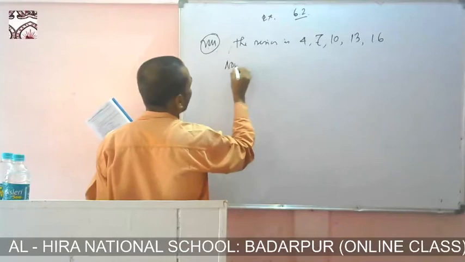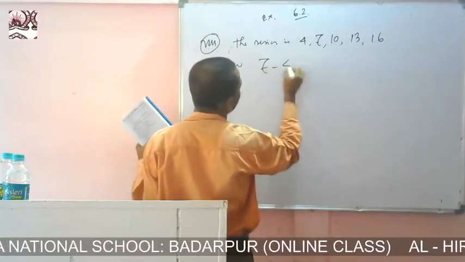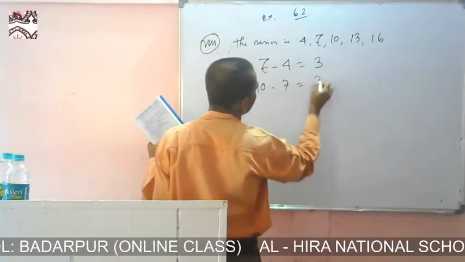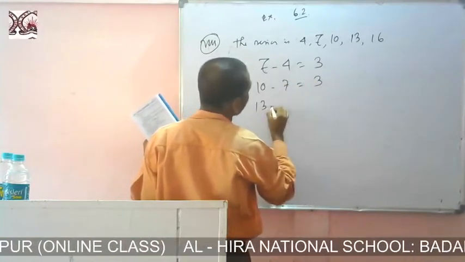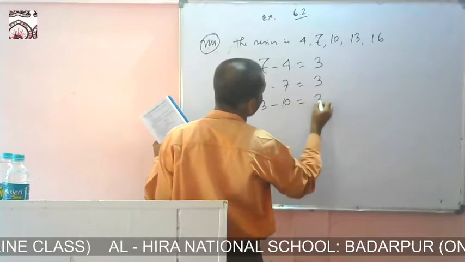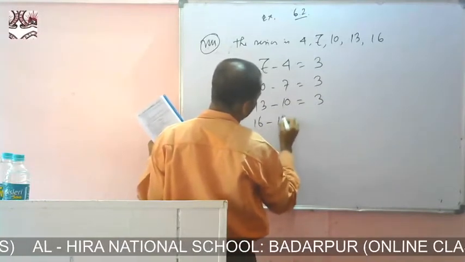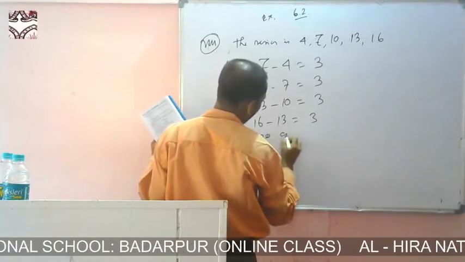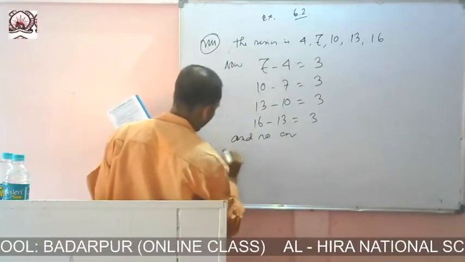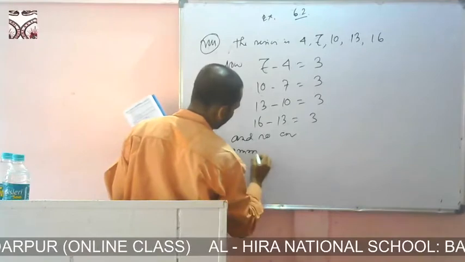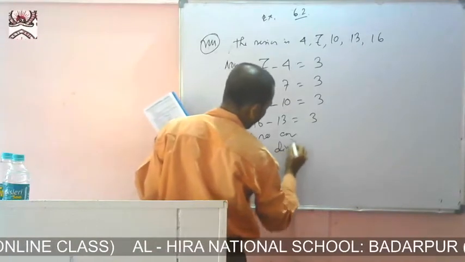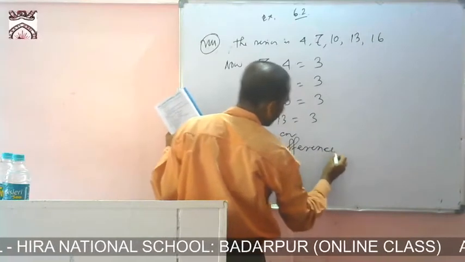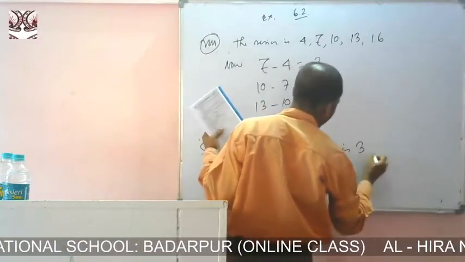Now 7 minus 4 is 3, 10 minus 7 is 3, 13 minus 10 is 3, 16 minus 13 is 3, and so on. So the common difference is 3.